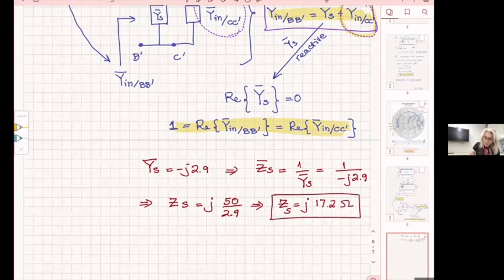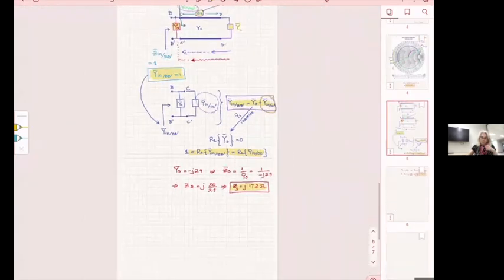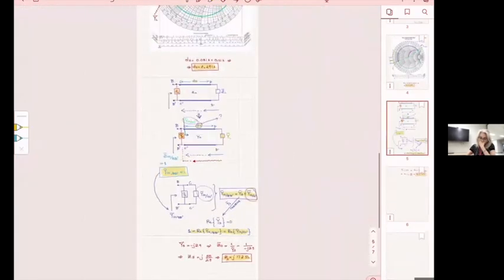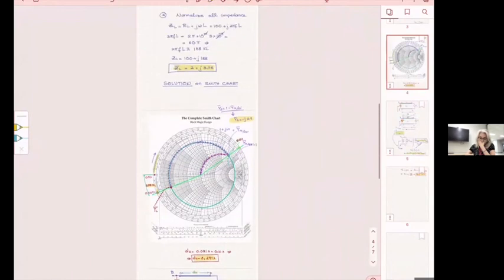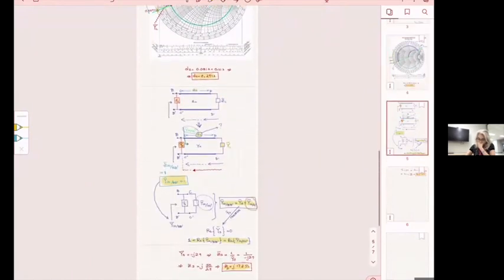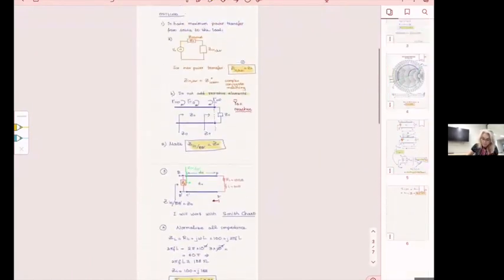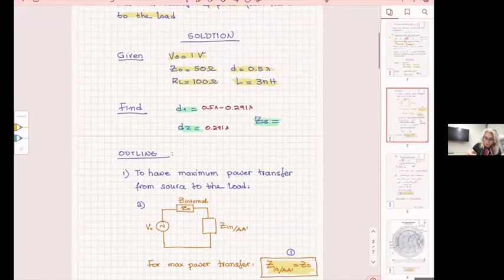So now I found everything. Okay, and I have it here, 17.2. So I go here, 17.2.